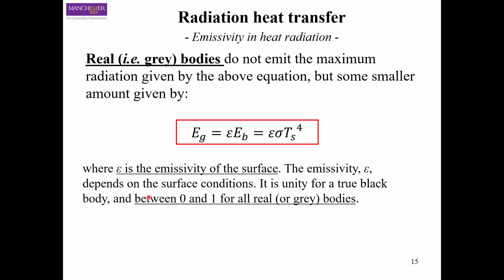Because it's a fraction, the value of emissivity will be between 0 and 1, giving you the nature of the surface. If epsilon is 1, you are very close to black body behavior. If it is lower than 1, you are far from black body behavior.